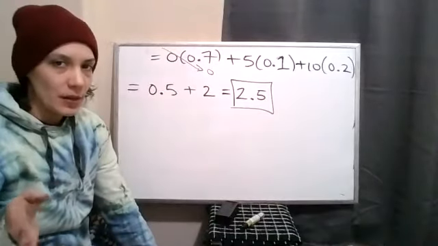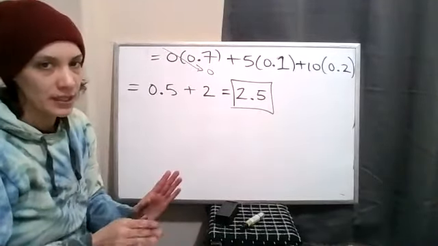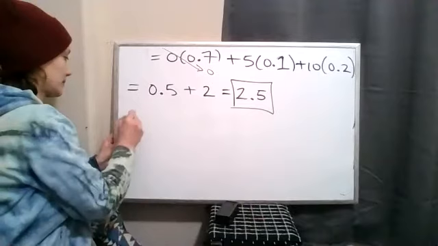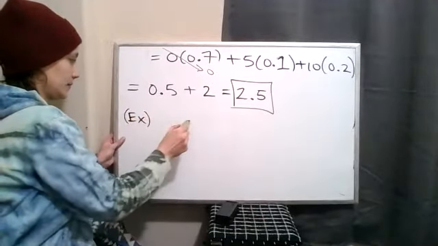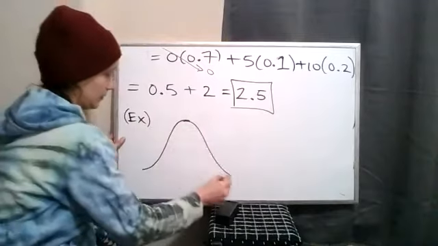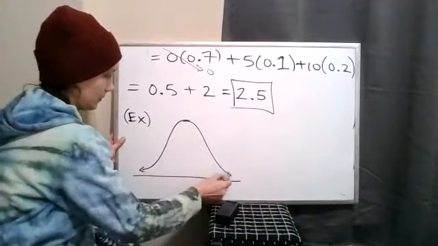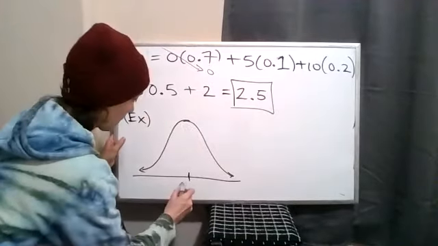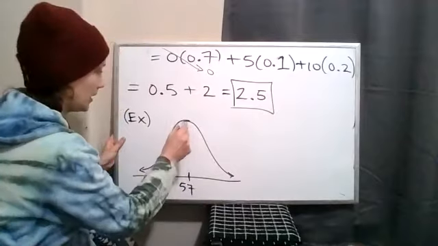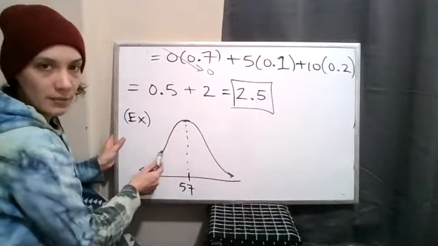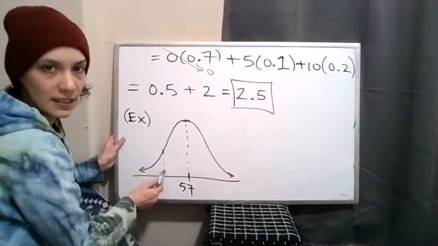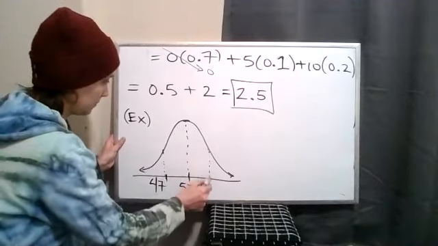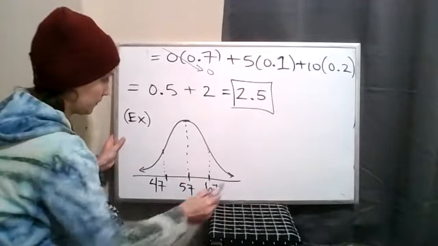So let's go on to having a graph for a normal distribution, and you need to find the mean and standard deviation. All right, the center is 57. And we're going to have the inflection point be 47 on this side and 67 on the other. Okay.